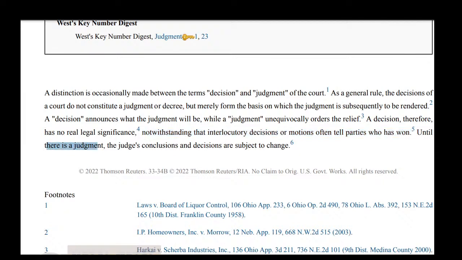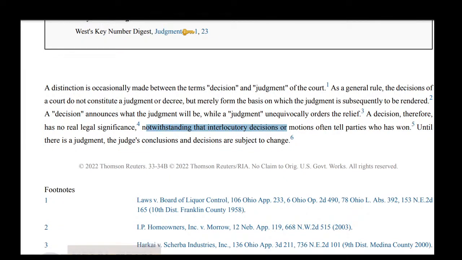Until there is a judgment, the judge's conclusions and decisions are subject to change, even if there are these interlocutory decisions.